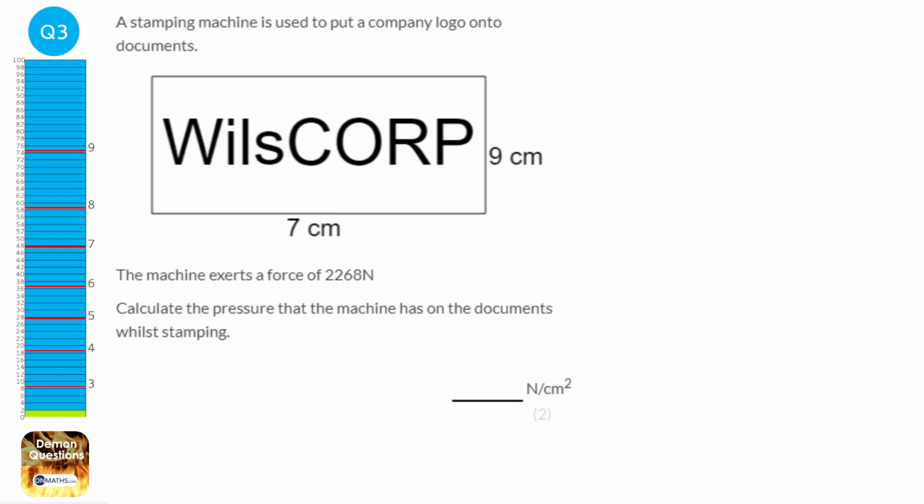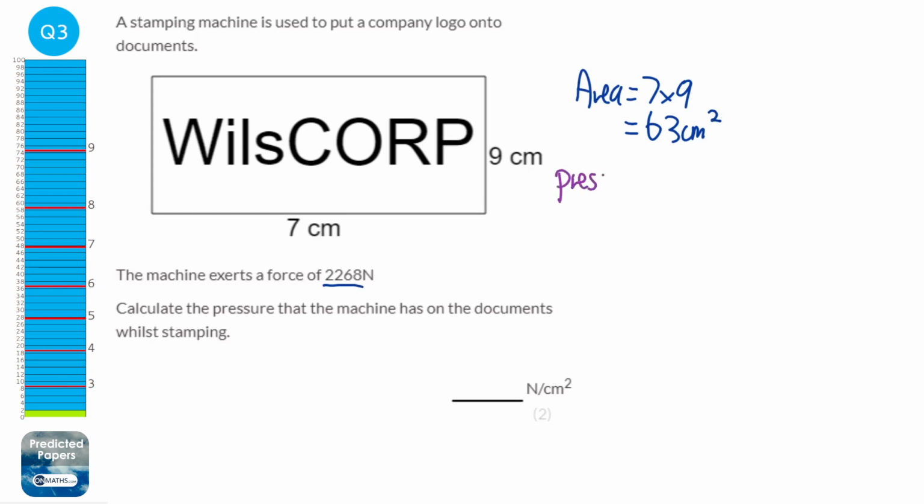To find the pressure, we need the area and the force. And we're given the force in the question, so all we need to do is find out what the area is, which will be the 7 times the 9, which will be 63 centimetres squared. So we can write down the pressure formula, which says that pressure equals the force divided by the area.